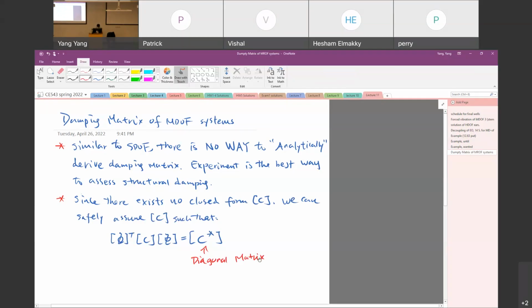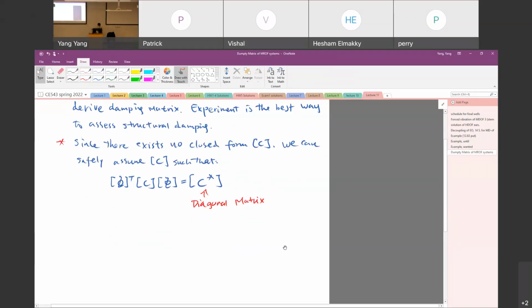Because it is impossible for us to do structural analysis to find out the damping matrix like the stiffness matrix or the mass matrix, we can only assume a matrix for safety.